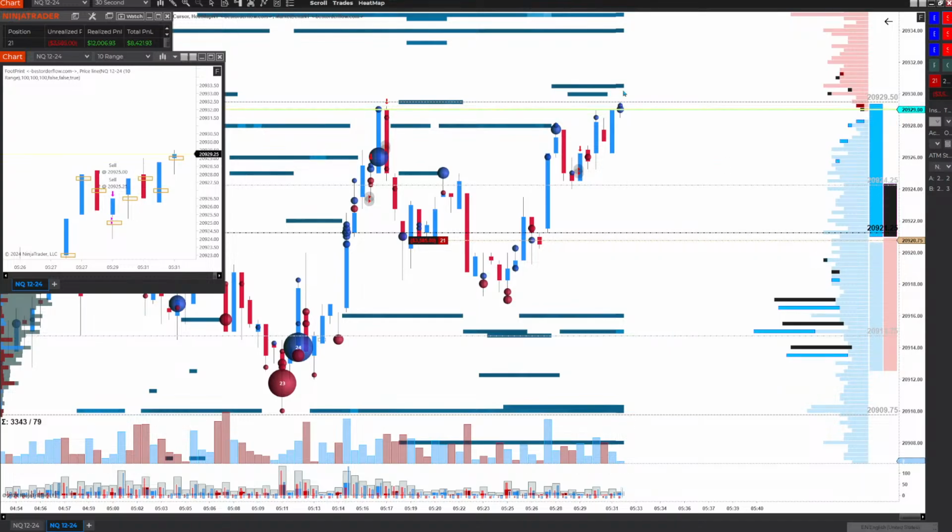Yeah, we're seeing that there's some liquidity sitting right there at 11 contracts. That may attract price to touch it, at least to touch it.